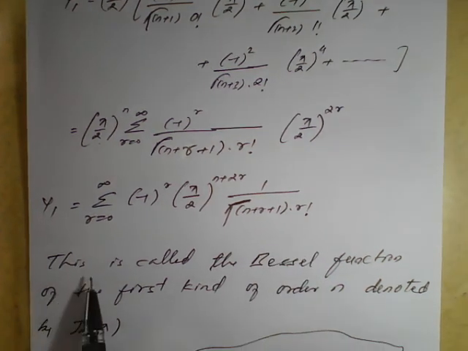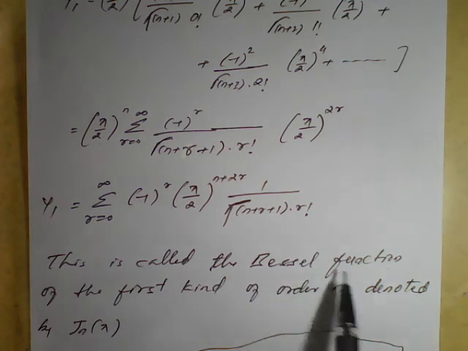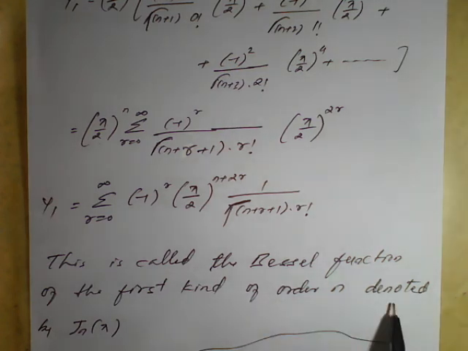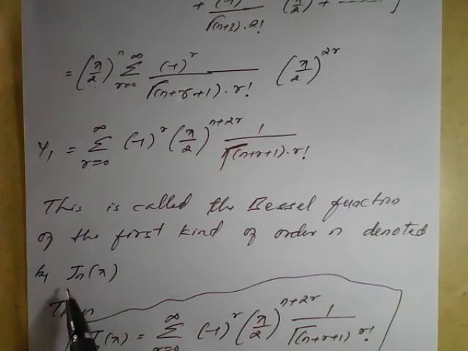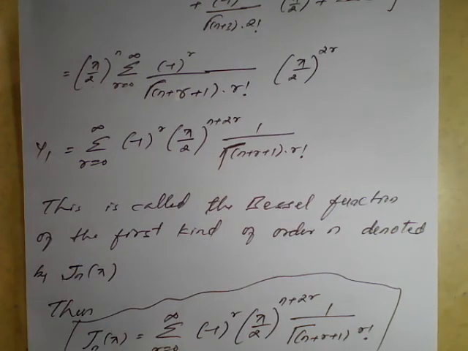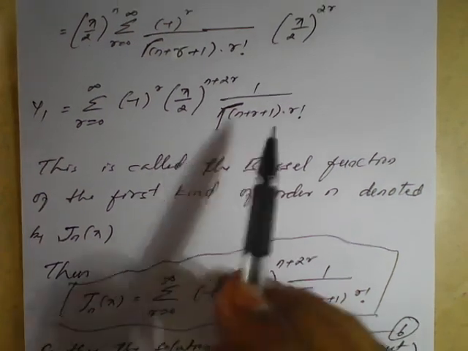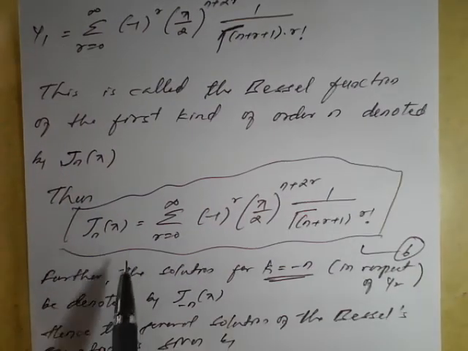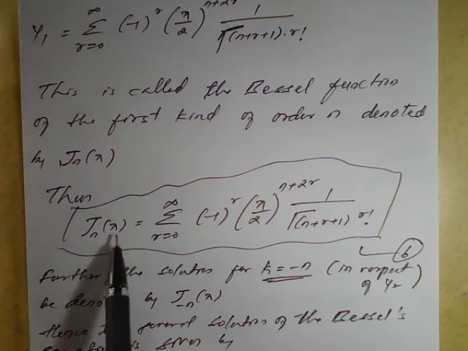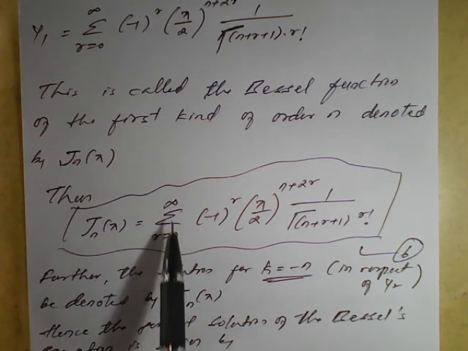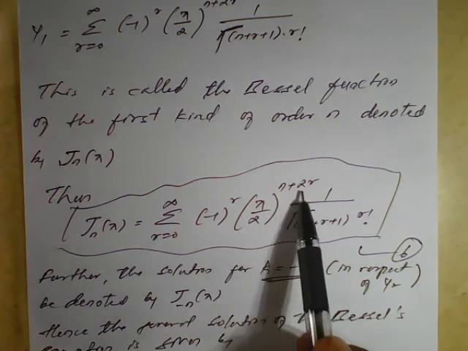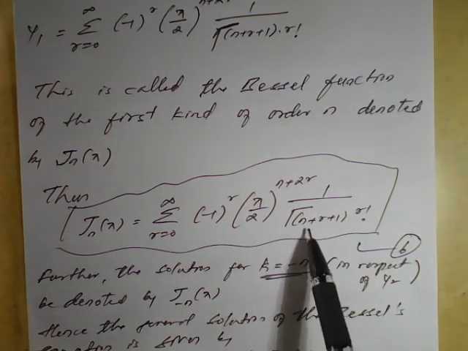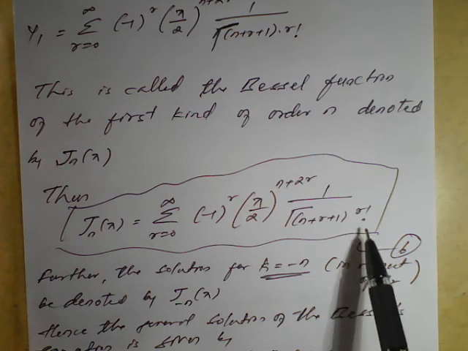This is called the Bessel function of the first kind of order n, denoted by Jn(x). So Jn(x) is equal to summation r from 0 to infinity, (-1)^r (x/2)^(n+2r) into 1 upon gamma of n+r+1 into r factorial.